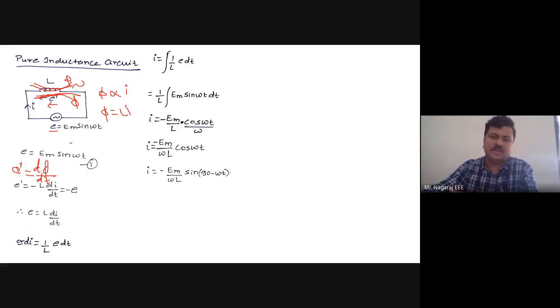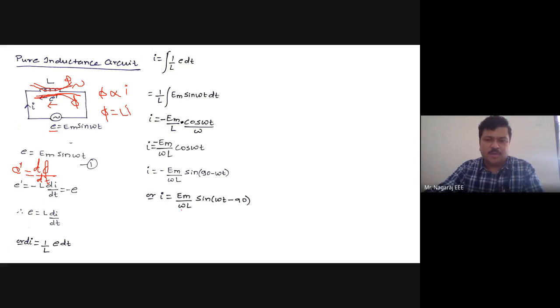What is minus sine theta? It is sine of minus theta. So I will use that relation. Minus sine of 90 minus omega t, I will write as plus sine of omega t minus 90.